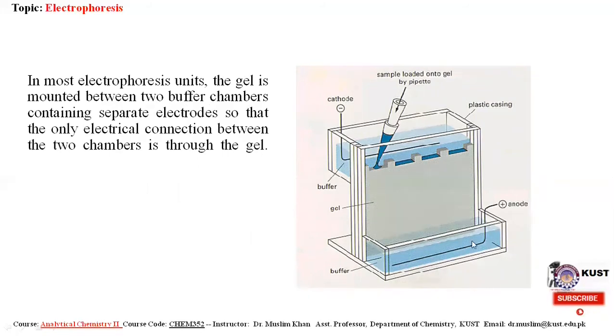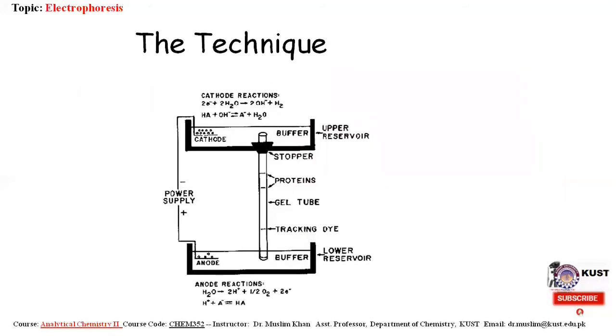The anode is in this chamber. The cathode is in this chamber. So the gel is mounted between two chambers containing separate electrodes, so that the only electrical connection between the two chambers is through the gel. This is also one of the pictures of this technique.